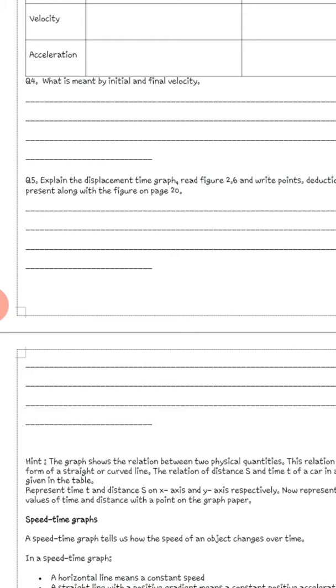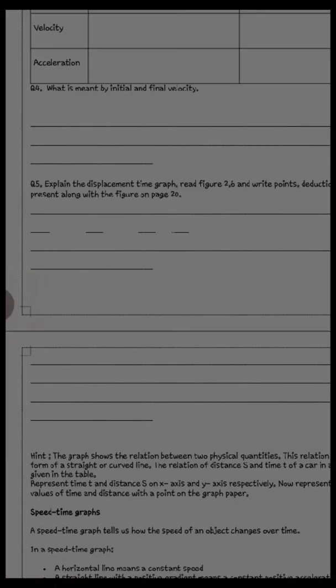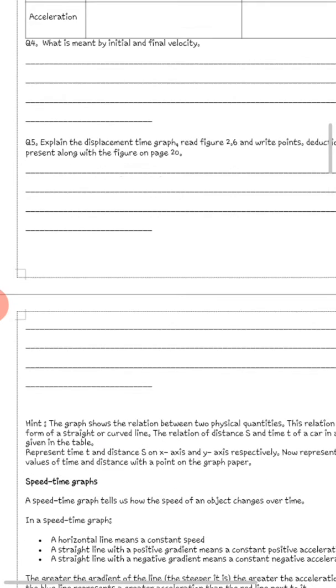We can consider a car traveling along a straight line with its displacement from the starting point represented by S. On page 20, the first picture of a car from the starting point towards the ending point can help you in solving this. Another hint is that you can read all the deductions present along with figure 2.6. The following deductions can be made, so it can help you in understanding this graph, and what is being said.